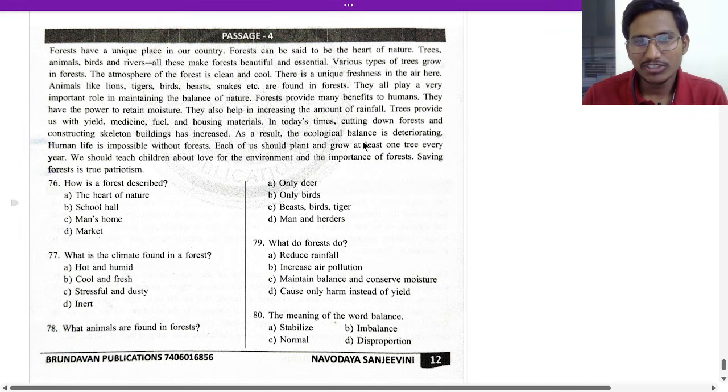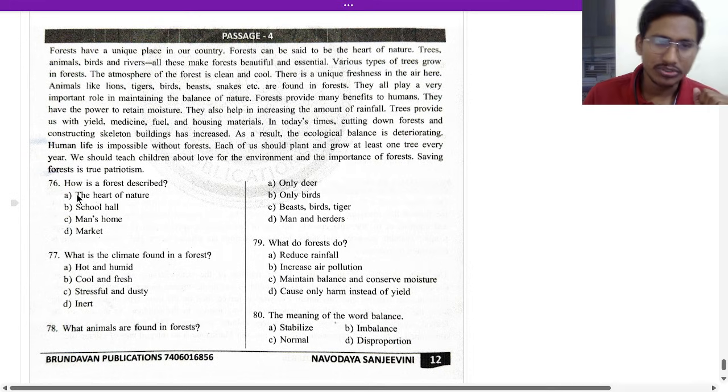As a result, the ecological balance is deteriorating. Human life is impossible without forest. Each of us should plant and grow at least one tree every year. We should teach children about the love for the environment and the importance of forests. Saving forest is true patriotism.